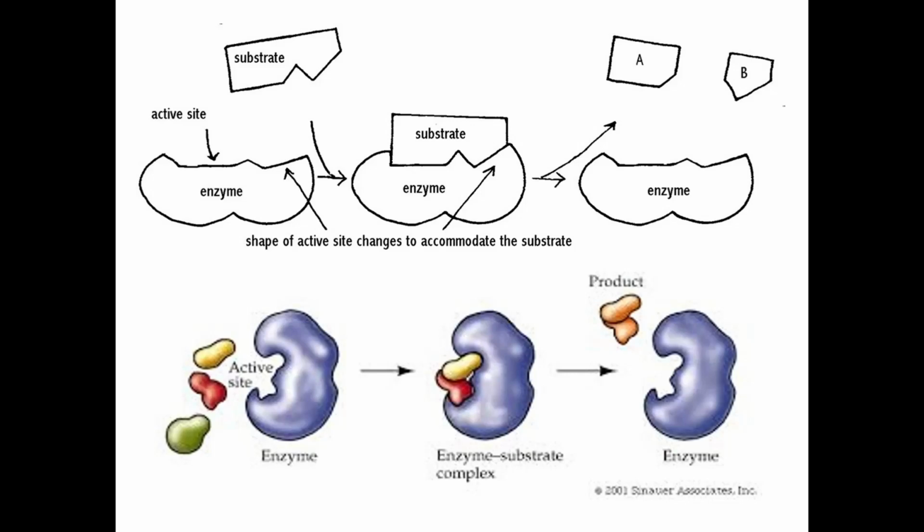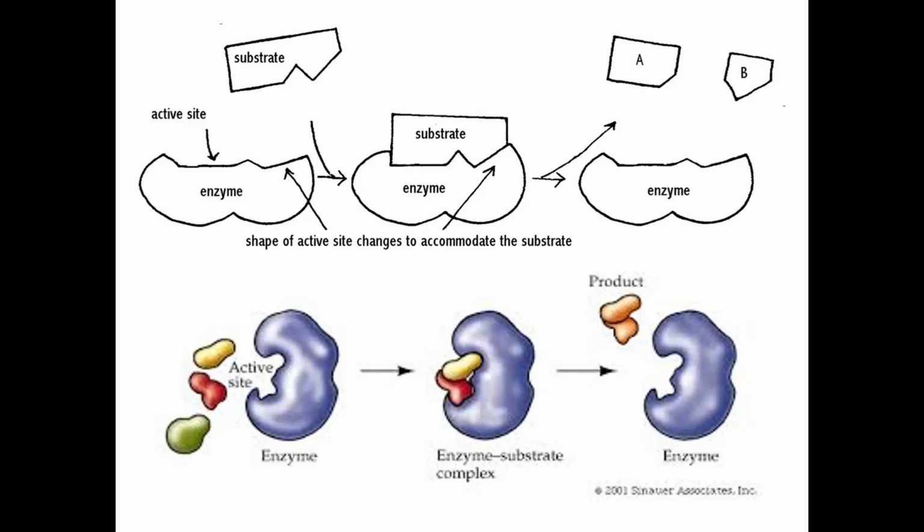Every enzyme has a shape called the active site, which allows the substrate, the key, to bind into the lock together to form a perfect fit. It doesn't have to be a perfect square, but as long as it fits the active site, it forms an enzyme substrate complex.